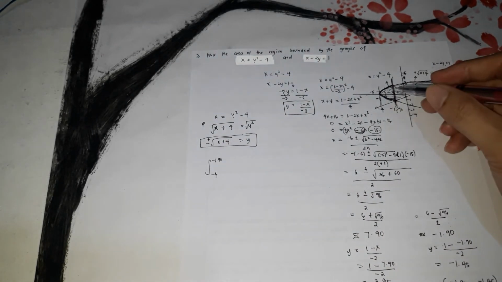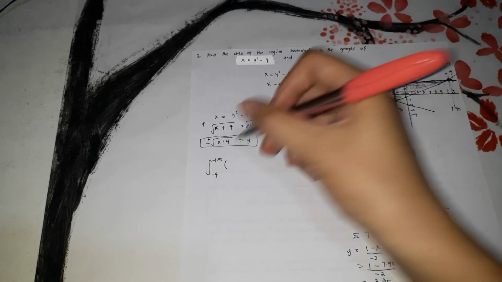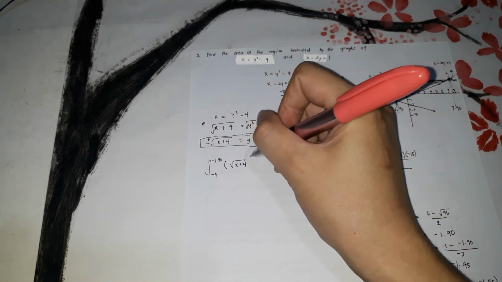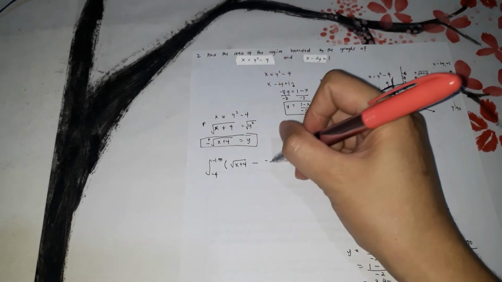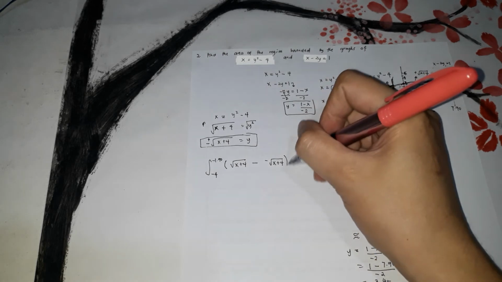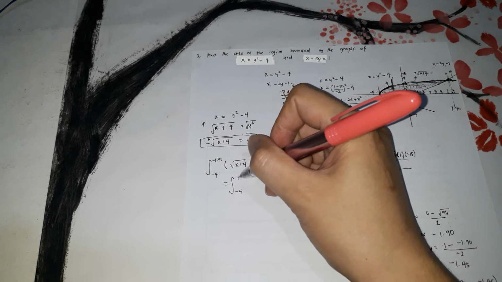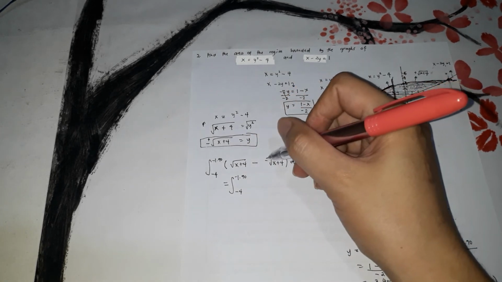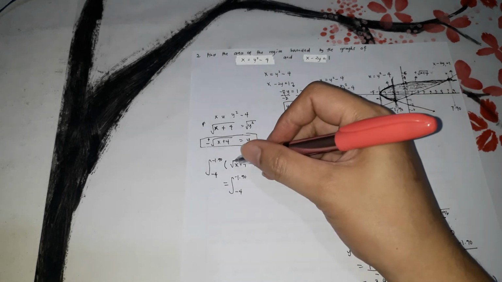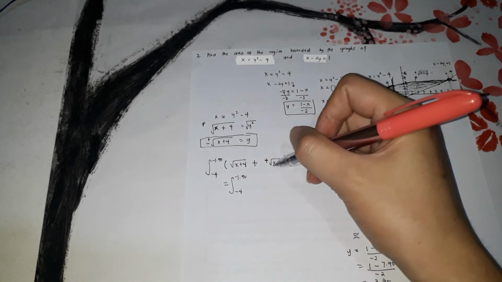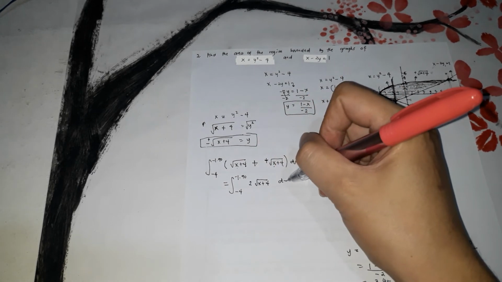Yung sa taas is positive square root of x plus 4, minus yung sa baba is negative square root of x plus 4, dx, from negative 4 to negative 1.90. Ito magiging plus, so square root of x plus 4 plus square root of x plus 4 is dalawang square root of x plus 4 dx.